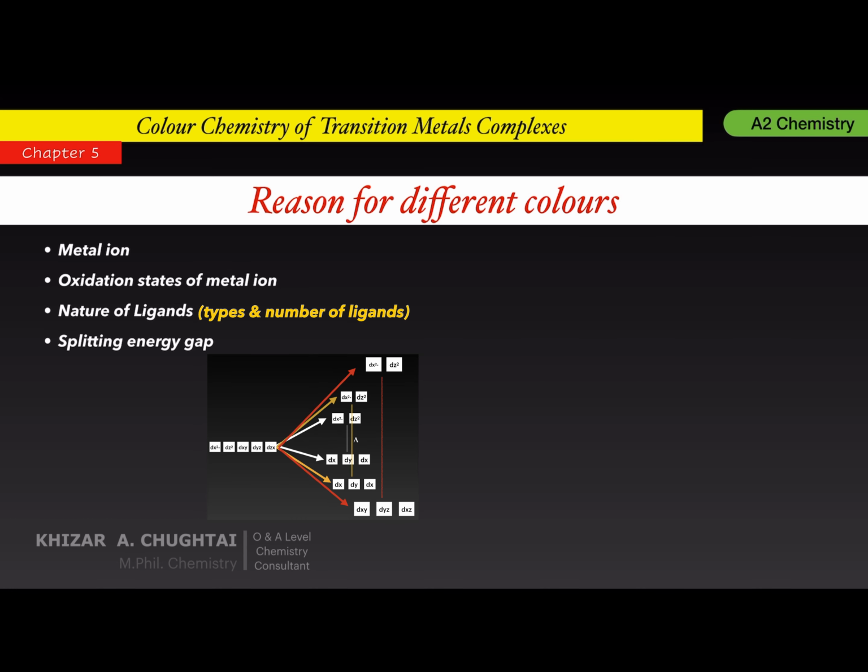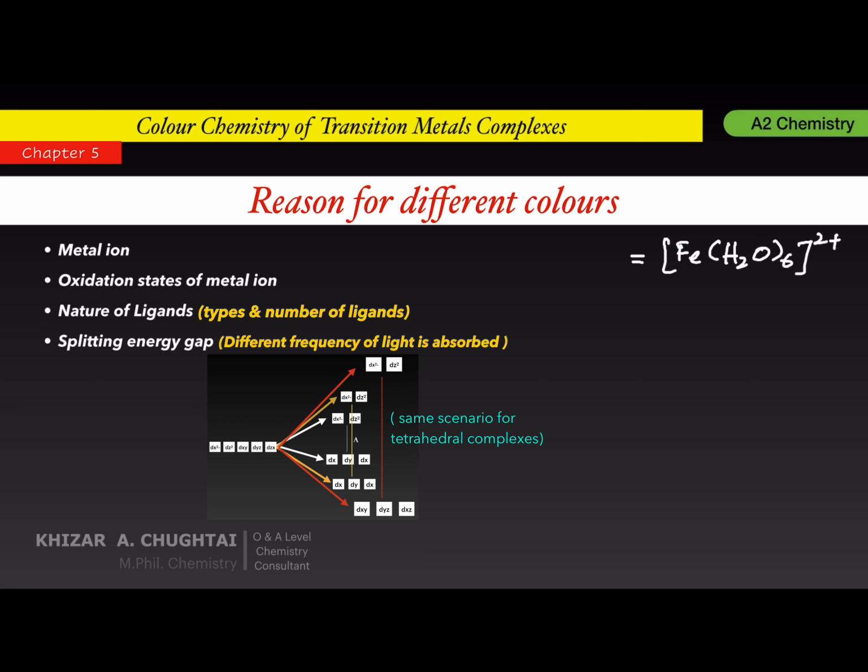For example, I'm going to write 3 different complexes. For example, iron Fe(H2O)6 complex. The solution of this complex is green in color. I mean, it's an aqueous complex.